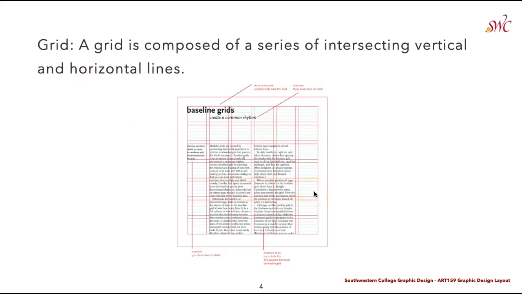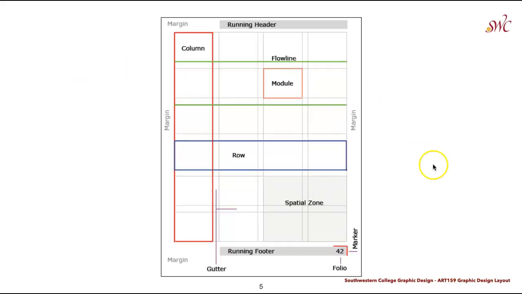Now, just to review some of the anatomy of a layout and of a grid, we have a simple page here that has a margin on the outside that is void of any information, and that is going to contain what we refer to as the live area, where all of your information is going to sit.